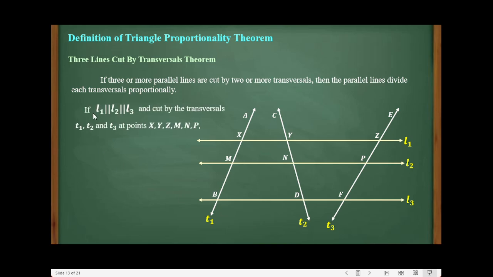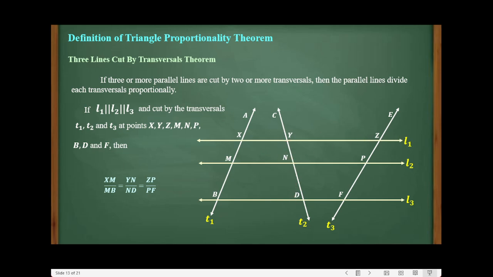If L sub 1, L sub 2, L sub 3 are parallel to one another, and these horizontal lines are cut by transversals T sub 1 to T sub 3 at these points, then segment XM over segment MB, the ratio of these two segments, will equal the ratio of the other two segments from the other transversal.